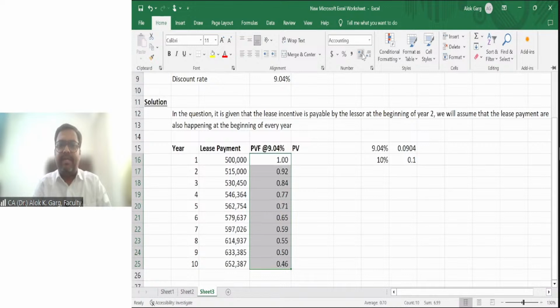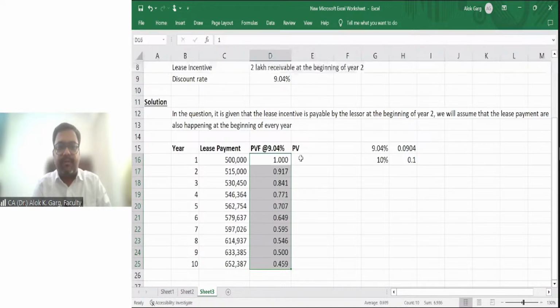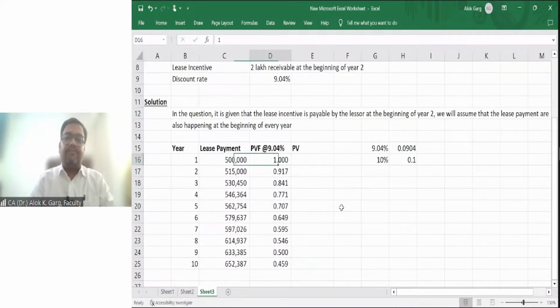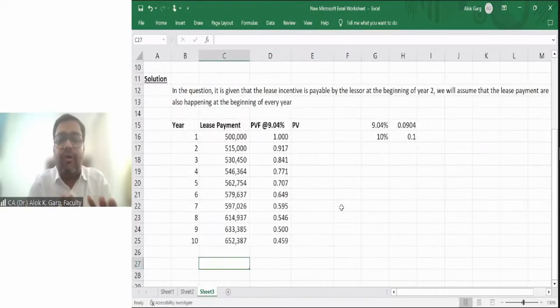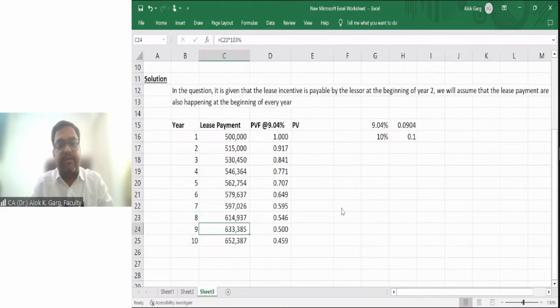I have just put my lease payments and I have also put my present value factor. Friends, I have put all the lease payments here with an escalation of 3% every year. Now, what happened in the question?